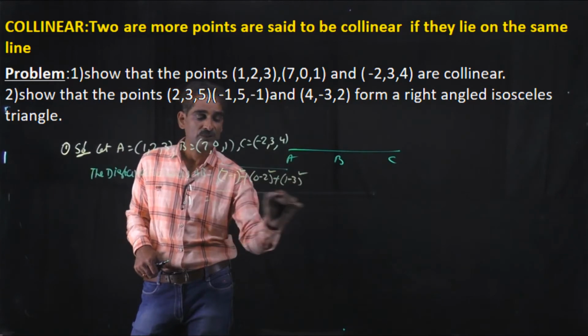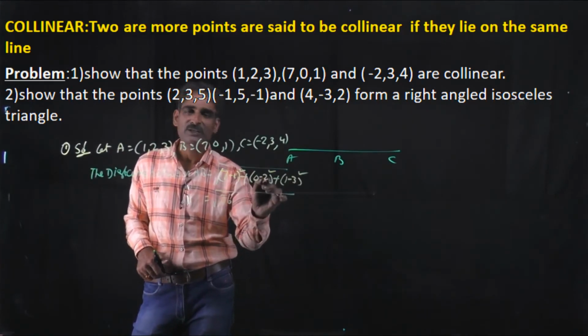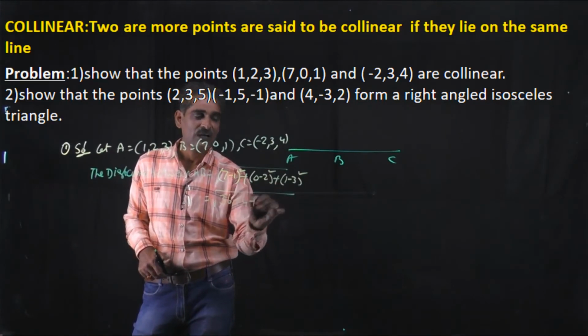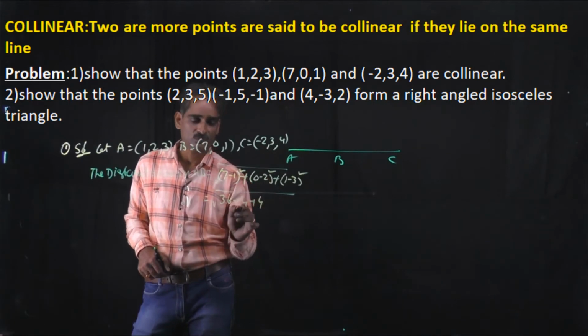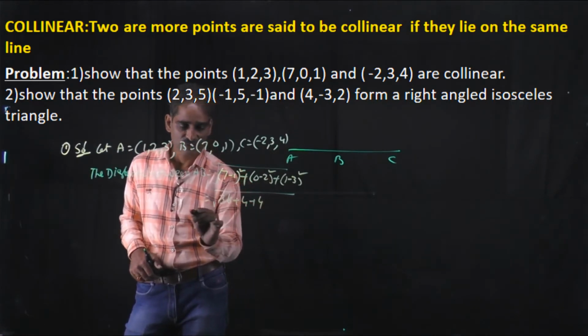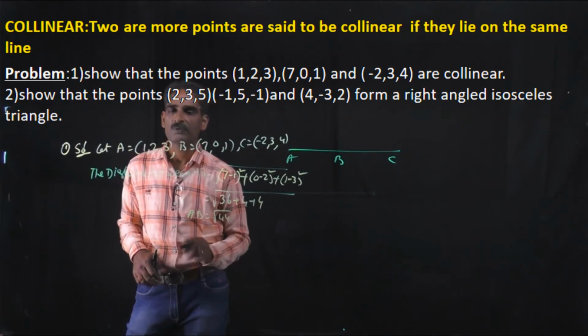So what about the result? 6 square is 36, (-2) whole square is 4, and (1 minus 3), that is -2, whole square again 4, so 44. So the length of AB is equal to root 44.